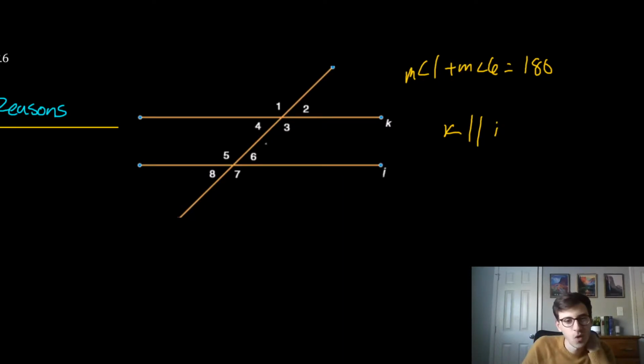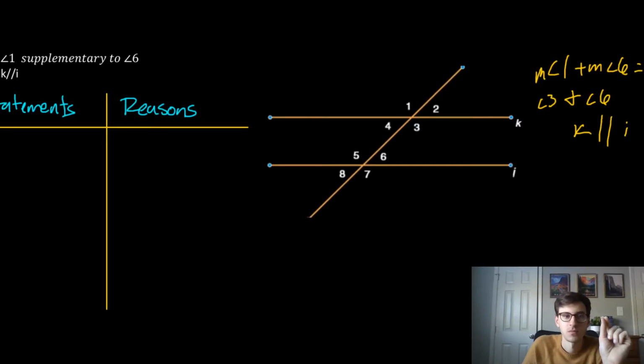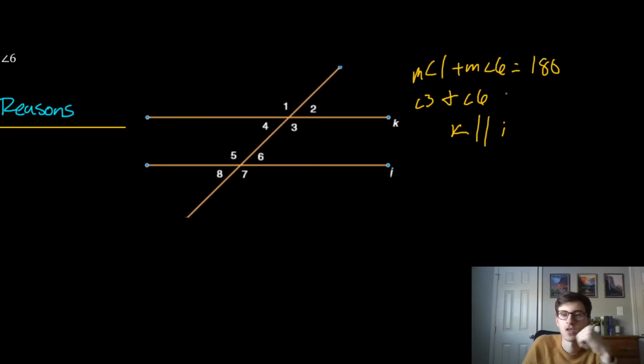Well, I know that 1 and 6 are supplementary. If I could show that angle 3 and angle 6 were supplementary, then I'd have same side interior angles, right? And if I know that those angles are supplementary, then I know that those lines are parallel.